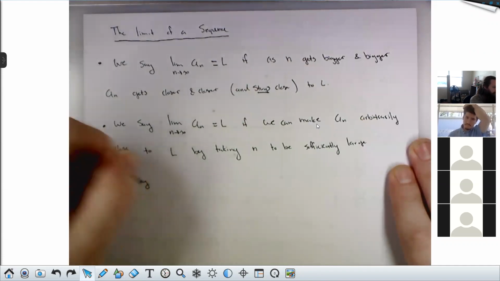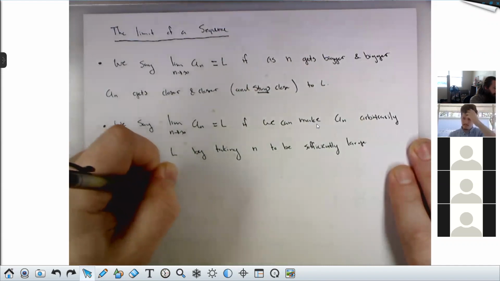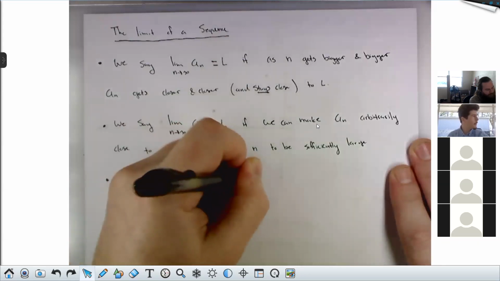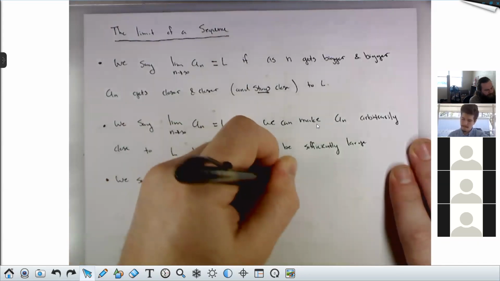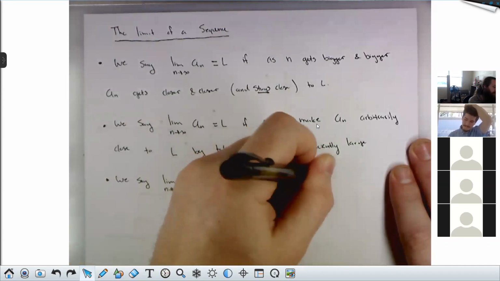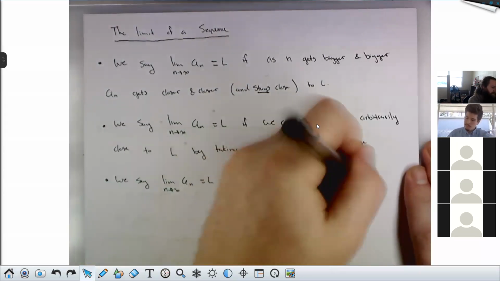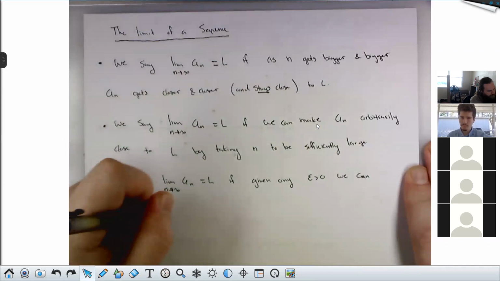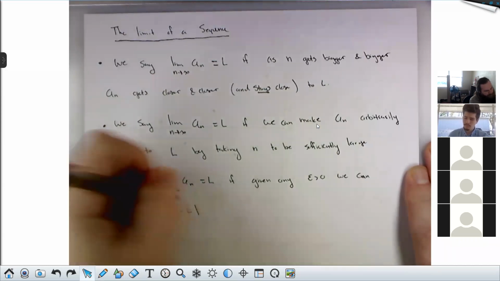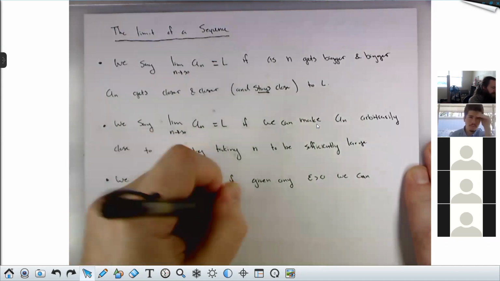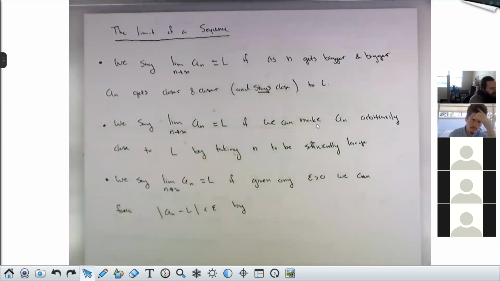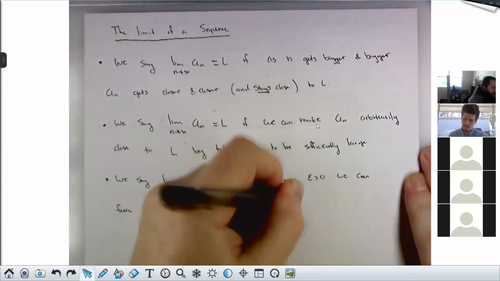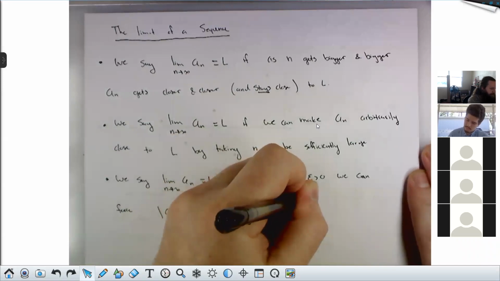We say the limit as n goes to infinity of a_n equals L if, given any positive number epsilon, we can force the absolute value of a_n minus L to be less than epsilon by taking n sufficiently large.